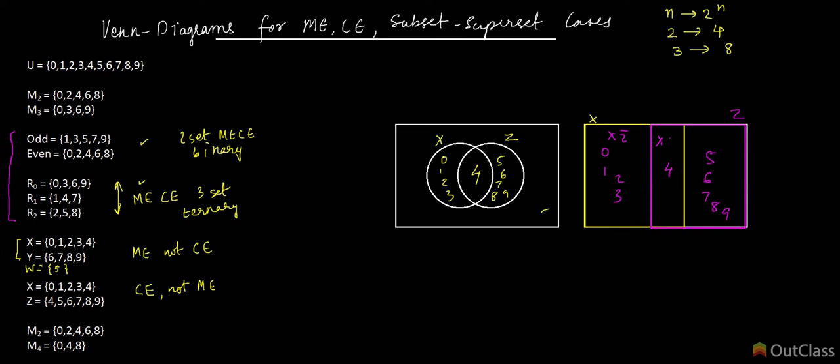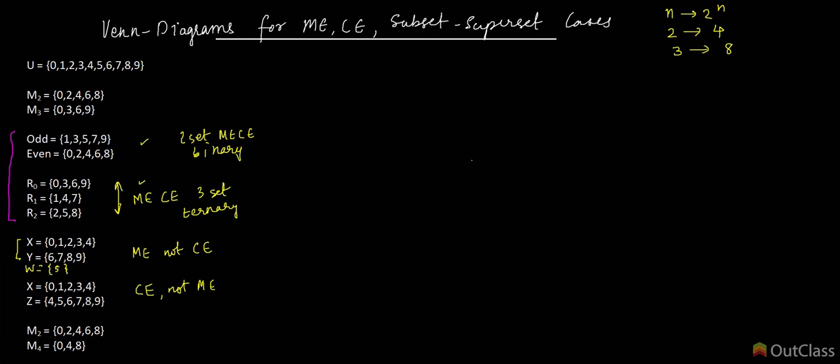This region represents X, Z. This represents X bar, Z. And X bar, Z bar, the empty region in the general two set diagram, that region has been eliminated from this diagram. This can be done if you are very particular about not drawing an empty region, but nobody does this. I don't recommend doing this. Just saying it can be done if you really want to do it.